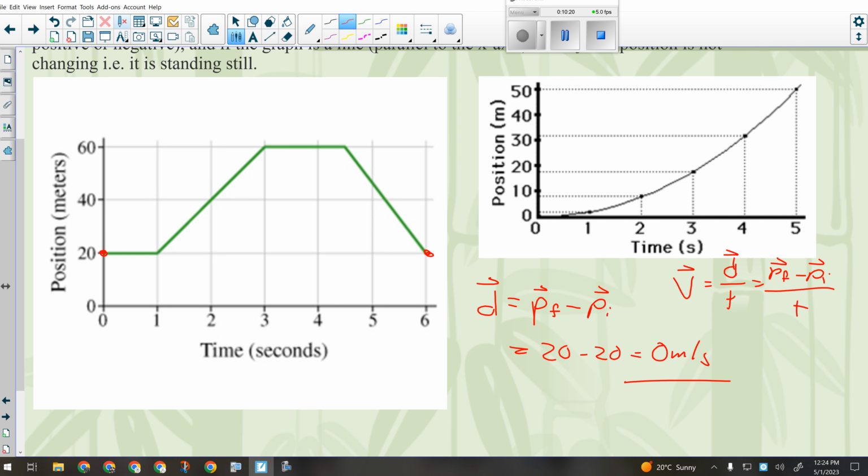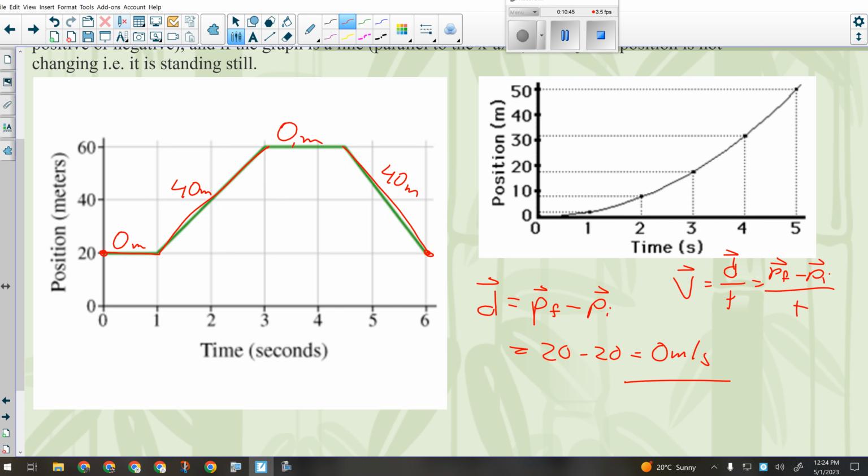In this trip, we didn't go anywhere, and then we went from 20 to 60. That's 40 meters. How far did we go here? You guys told me that in this part, the object is not moving. So that would be 0 meters. And then how far was this? 40.